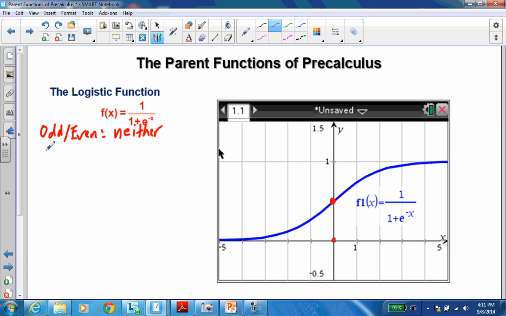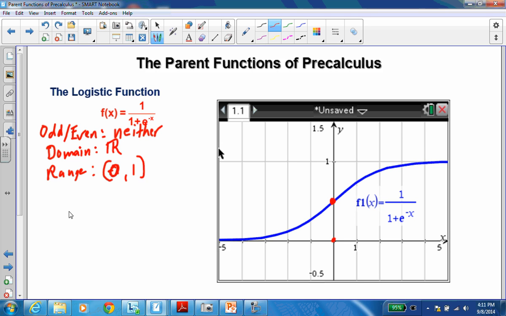Now, again, what's our domain going to be? All real numbers. Our range is going to be greater than 0 and less than positive 1.